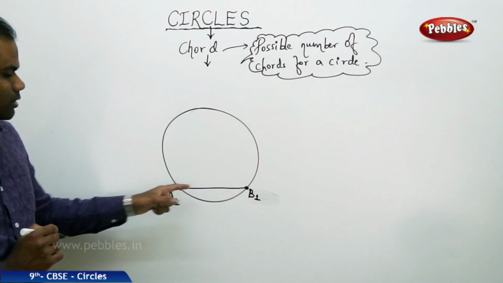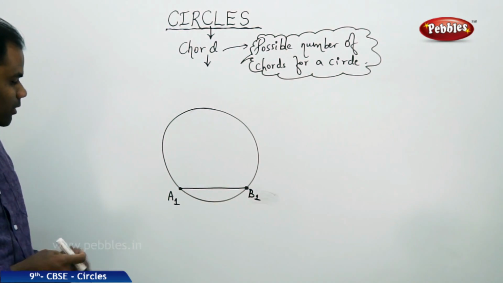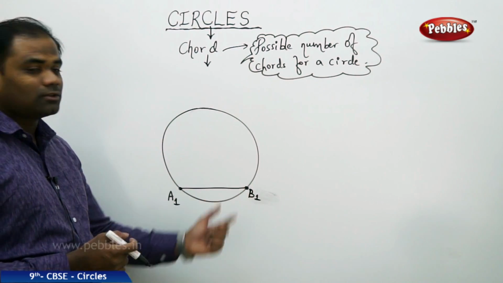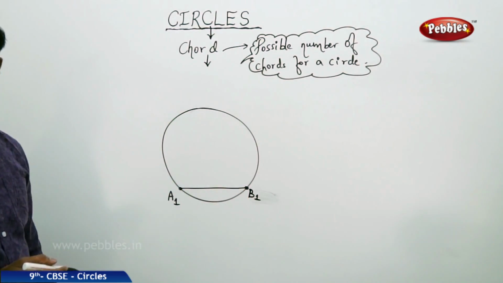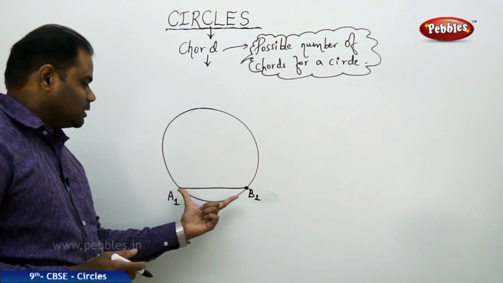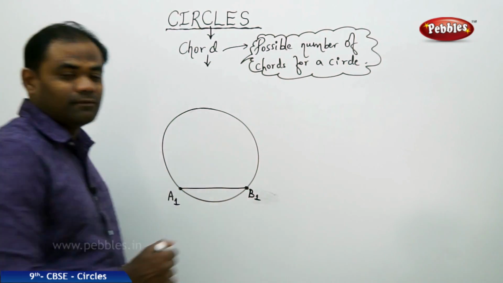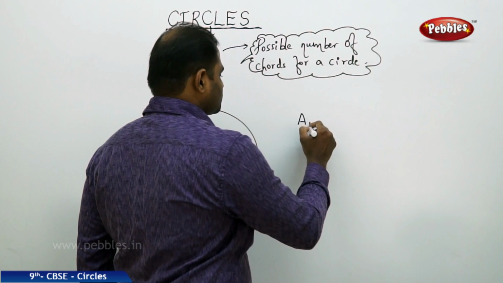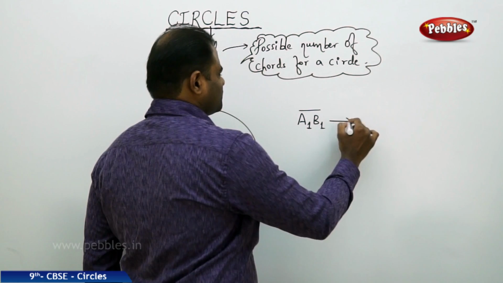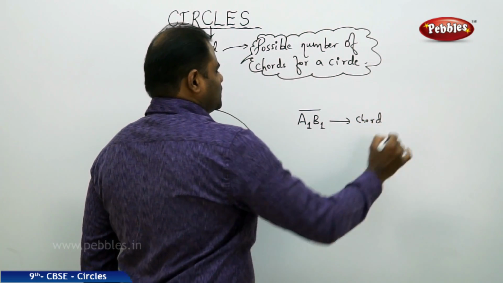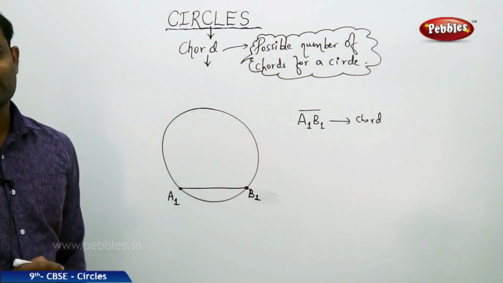So this chord is obtained when I join the points A1 and B1 on the circle. A1 is a point on the circle and B1 is a point on the circle which is joined. So the line segment A1 B1 defines one of the chords.